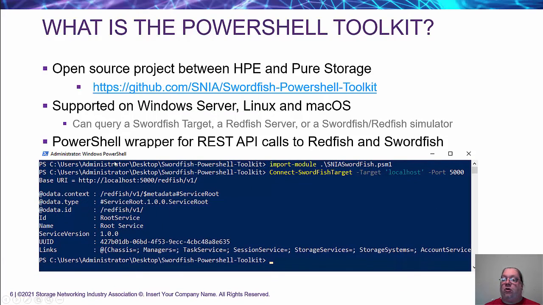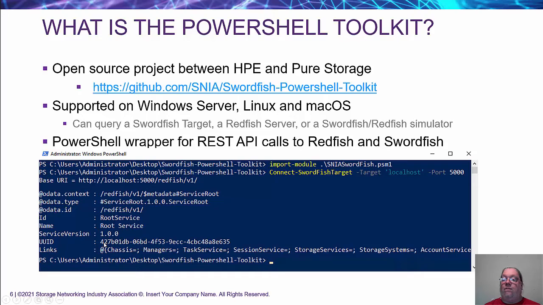Here's when you download the PowerShell Toolkit and you import the module, then you connect to your target, and this is the data that comes back. This is the actual PowerShell object that comes back. Now, don't get wonky with the @ symbol and the squiggly brackets. The @ symbol simply means it's a collection or a hash. And if it's squiggly brackets, it's a hash.